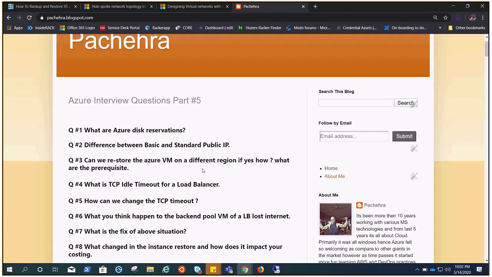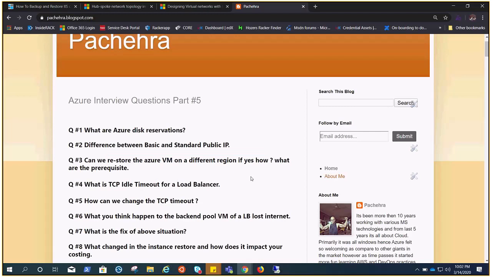So to answer this question, yes, that is possible. And what are the prerequisites? You're going to create the vault as GRS, geo redundant. Only then you can restore your Azure VM in the Azure paired region.